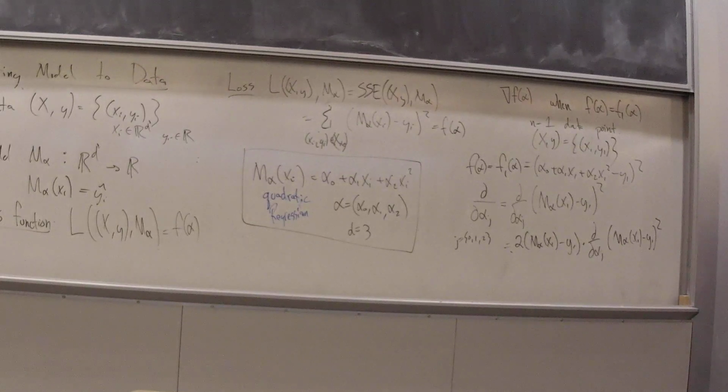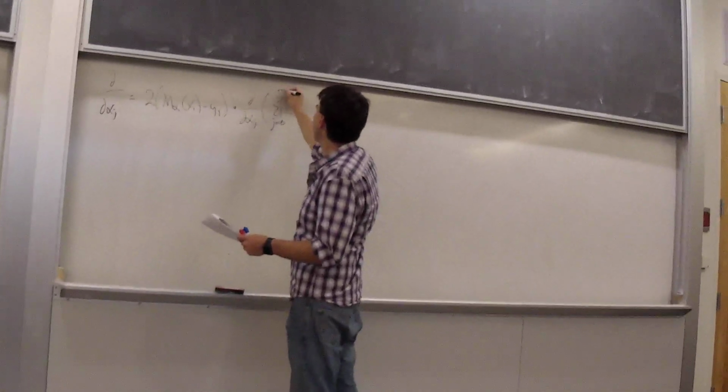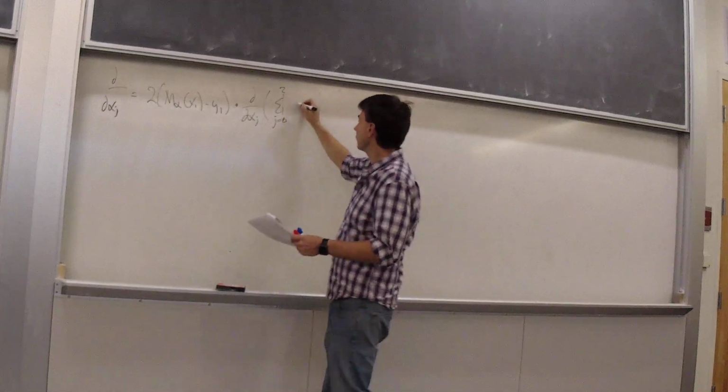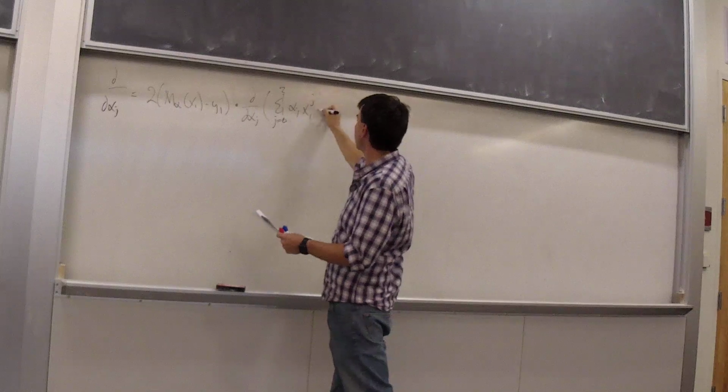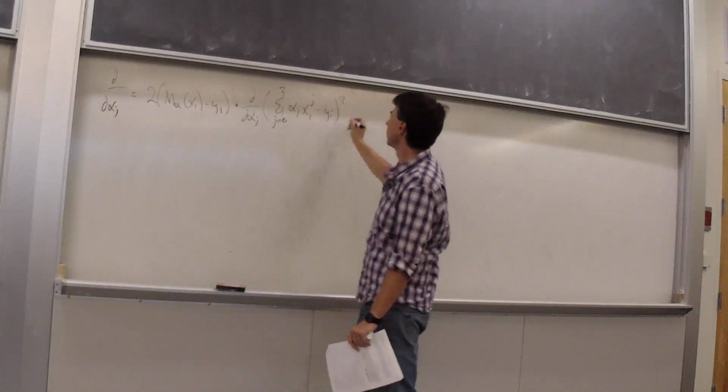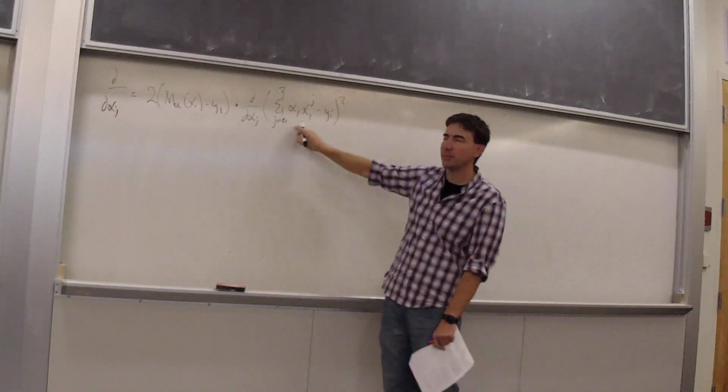So if I expand this form out, 2 of m alpha x1 minus y1, times d of d alpha j, and then I can write this as the sum of j equals 0 up to 2 alpha j x1 to the power j minus y1. Okay, so this is writing out the model.